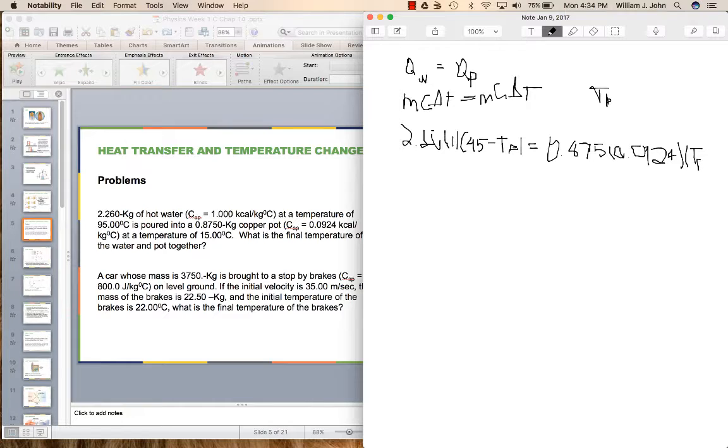Now the TF is going to be higher, so we'll put TF minus 15 degrees. I guess my handwriting looks a lot about like Seth's right now.